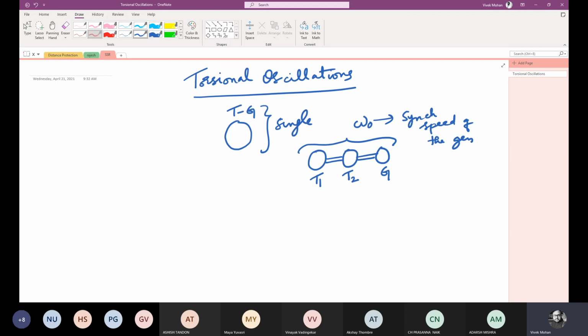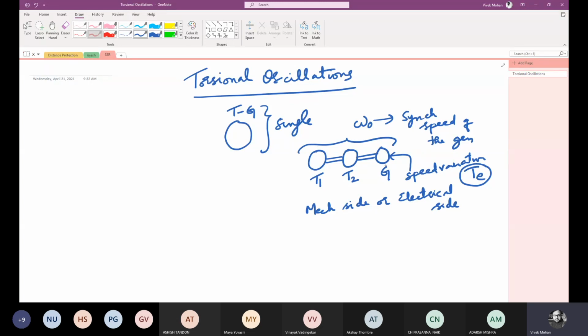But whenever there is a disturbance, the disturbance can be from the mechanical side or the electrical side. Which means if there is a disturbance from the electrical network side, which causes a momentary speed variation in the generator, that means basically electrical torque is the disturbance on the whole multi-mass system with shaft.